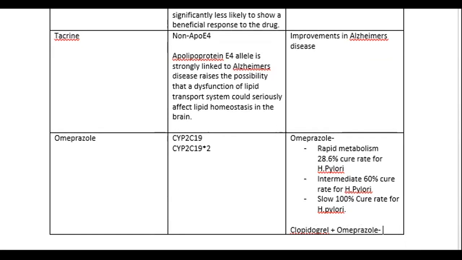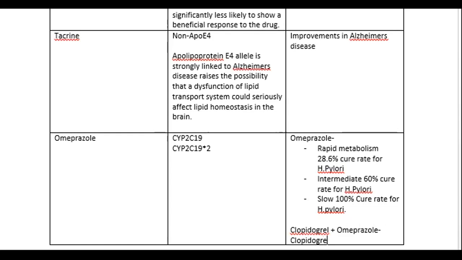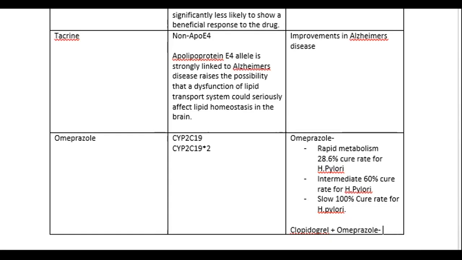As omeprazole has more affinity for the CYP2C19 enzyme, and clopidogrel is also metabolized by the same enzyme, there is a competition between clopidogrel and omeprazole.